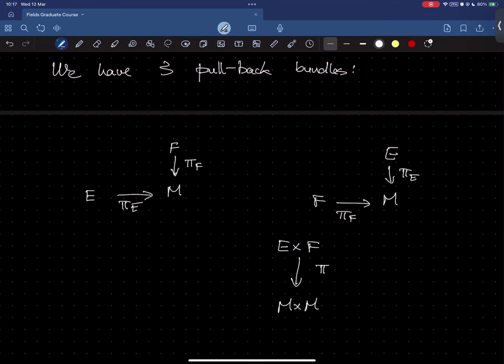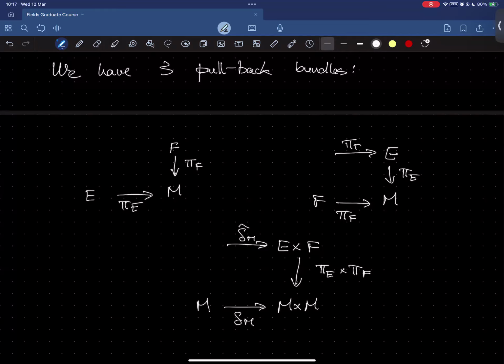Okay, so the mapping here is pi E cross pi F. And then I have this mapping that I just defined, delta M. Okay, so there's three things that I can automatically build the pullback bundles. Up here goes delta M hat. Up here goes pi F hat.